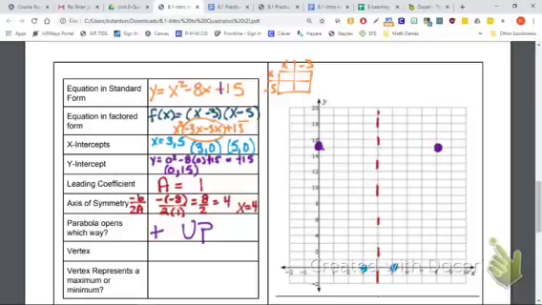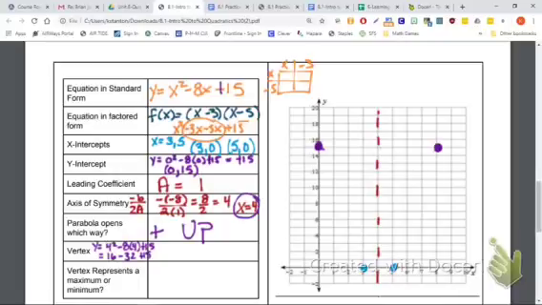I told you guys that we're going to take this axis of symmetry up here and plug it back into our original equation for x. So we're going to say that y equals 4 squared minus 8 times 4 plus 15. And when I simplify that, that's 16 minus 32 plus 15.